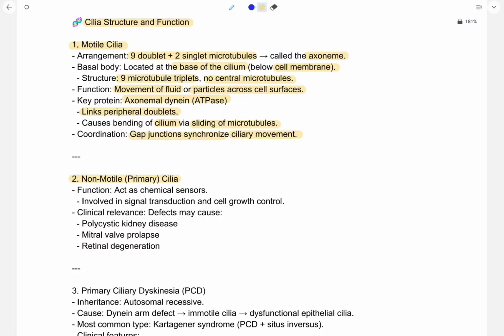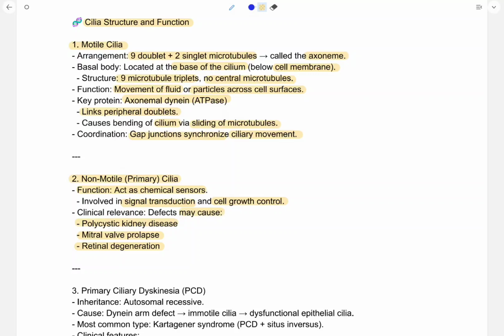Non-motile cilia act as chemical sensors and are involved in signal transduction and cell growth control. Defects may cause polycystic kidney disease, mitral valve prolapse, and retinal degeneration.